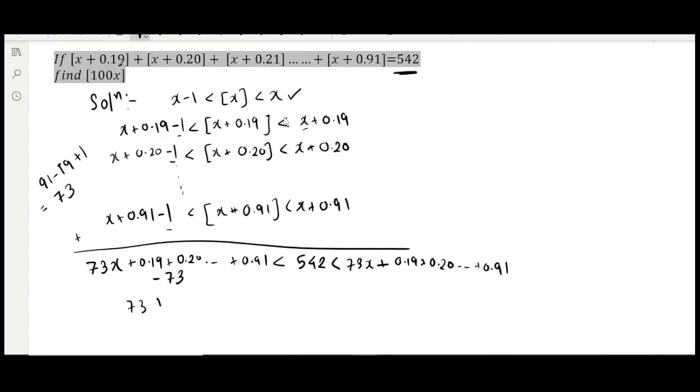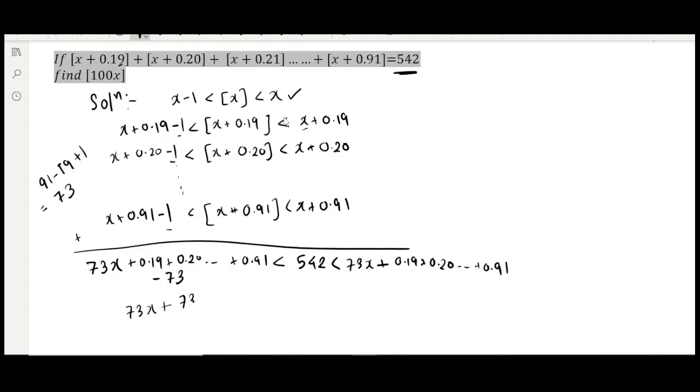If you calculate these values, this is 73x, and if you add, basically this is nothing but an AP, right?